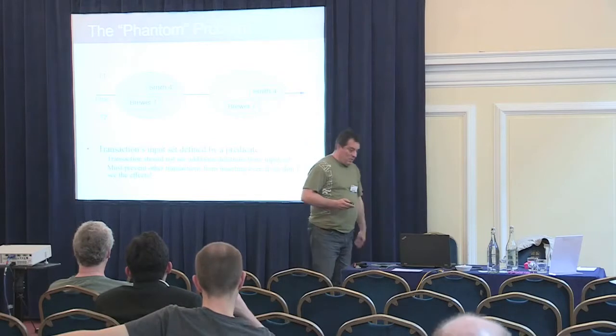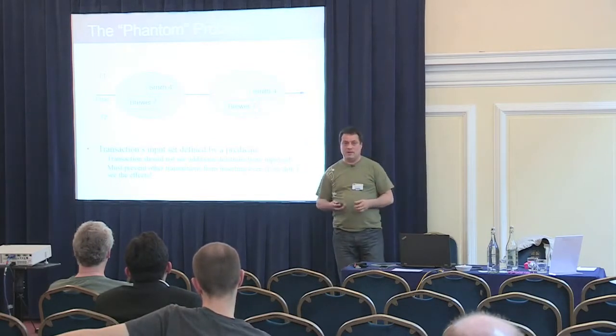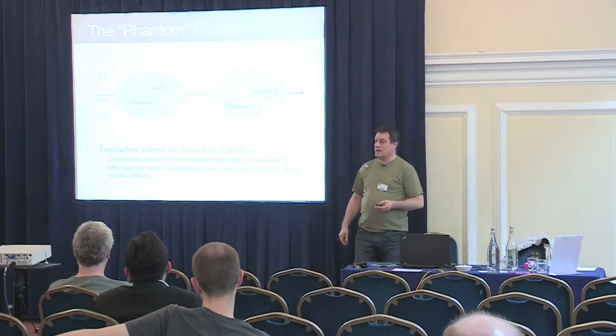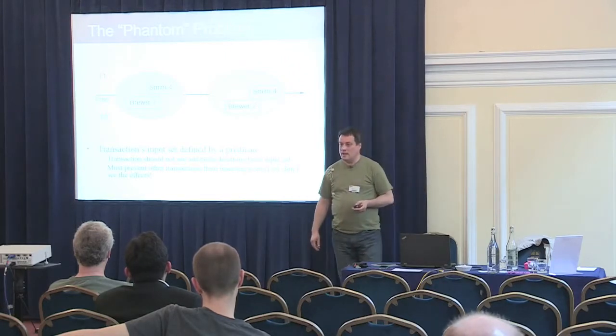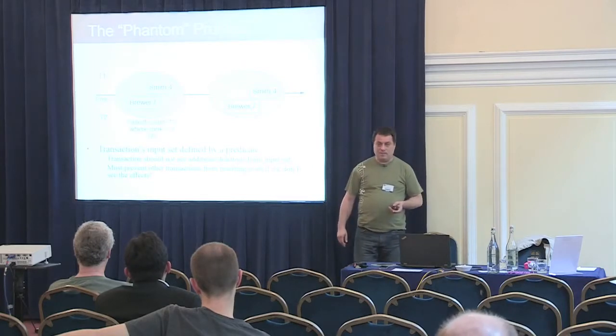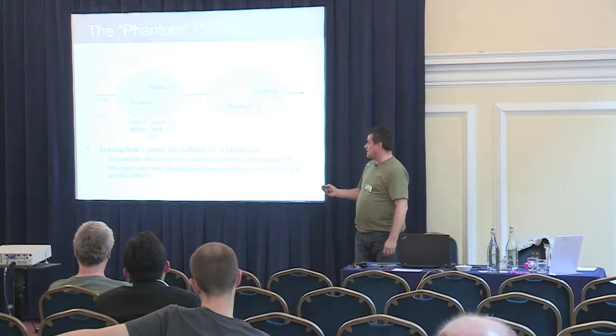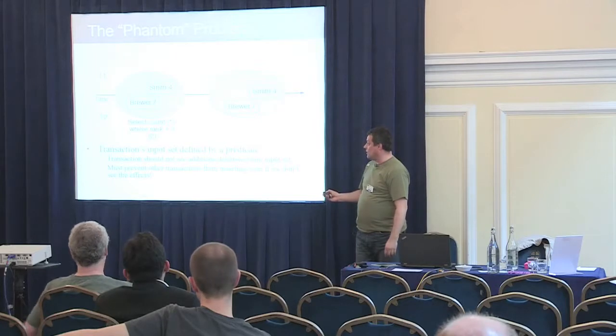And the phantom problem. This is somewhat similar to repeatable read, because we will read the same data twice. However, now we are reading a set of objects, a set of rows, for example, based on some predicate. So we have here maybe last name and some rank, whatever, and we are counting rows where rank is greater than 3.